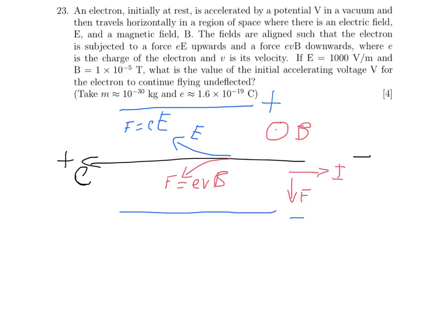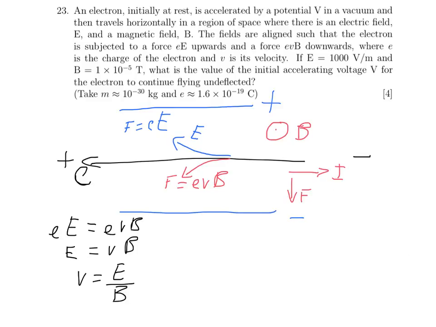So the force of the electric field is little e times big E, and the force from the magnetic field is eVB. We need to find the velocity when those forces are the same. I've equated them there, cancelling out the charge on the electron.